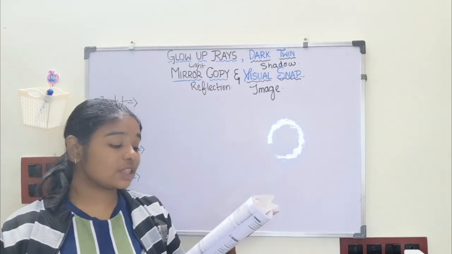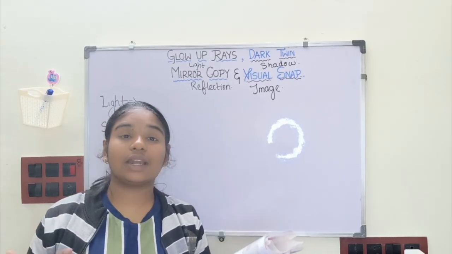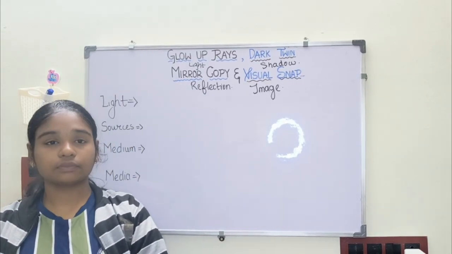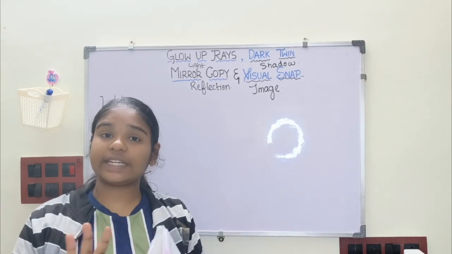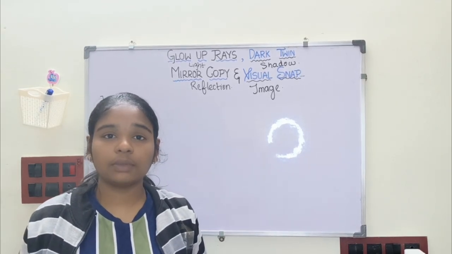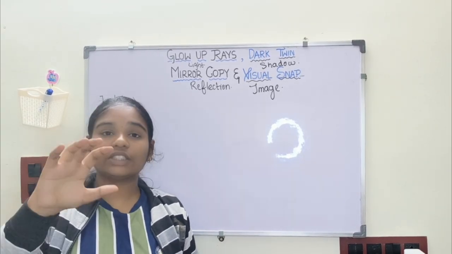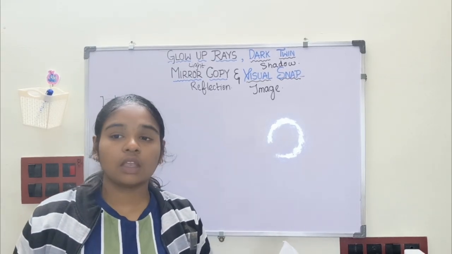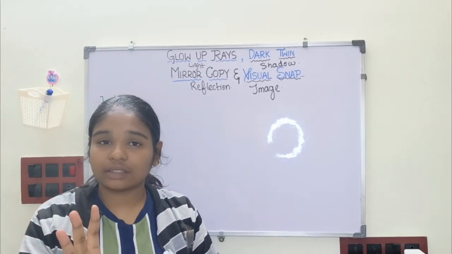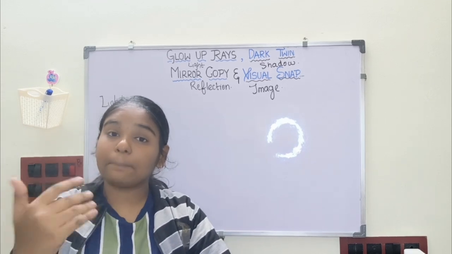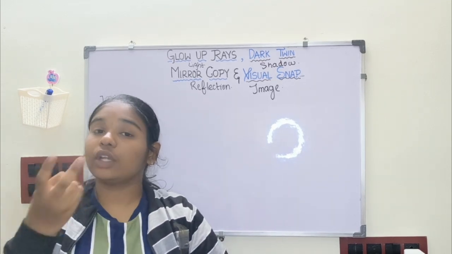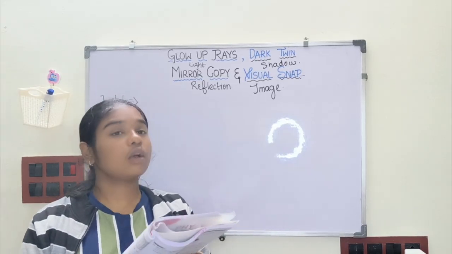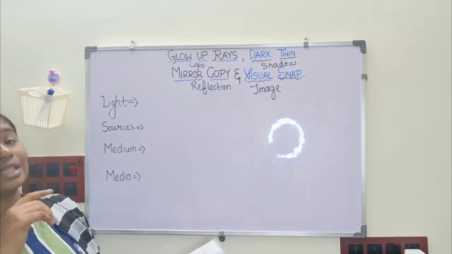We see the object when this reflected light enters our eyes. So when you light a candle, the object bounces back the light to your eyes, which makes it visible. So we are going to learn what is light.